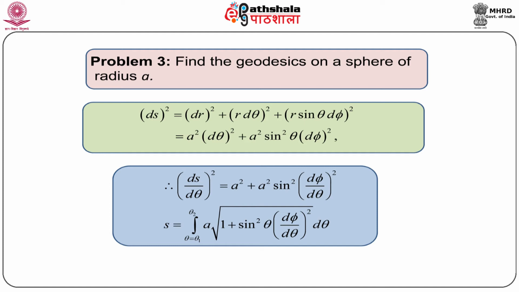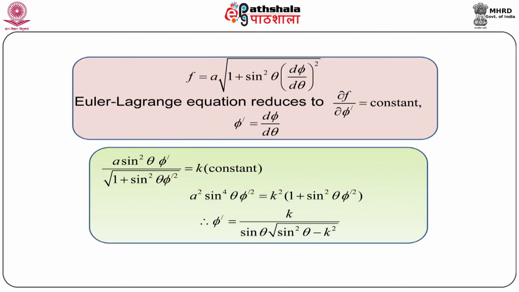Integrating this relation with respect to theta between theta 1 and theta 2, we get s equal to integration theta 1 to theta 2 a into root over 1 plus sin square theta into d d theta of phi its square d theta. Thus, f becomes f equal to a into square root of 1 plus sin square theta into d d theta of phi its square.